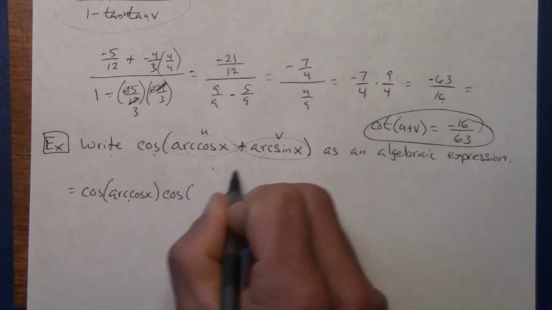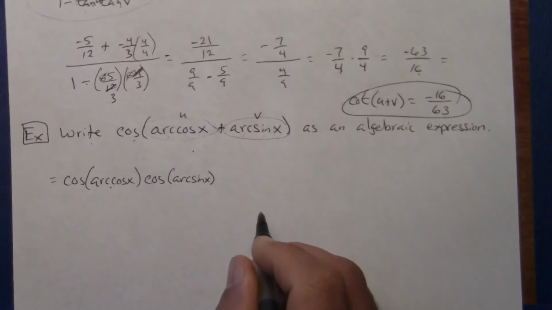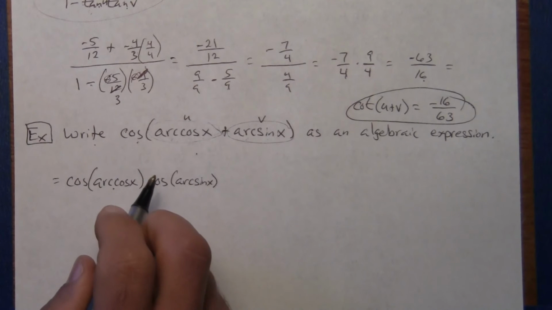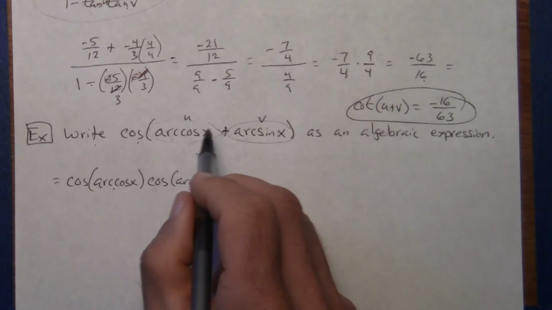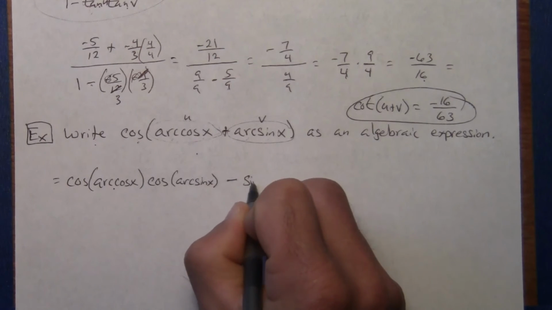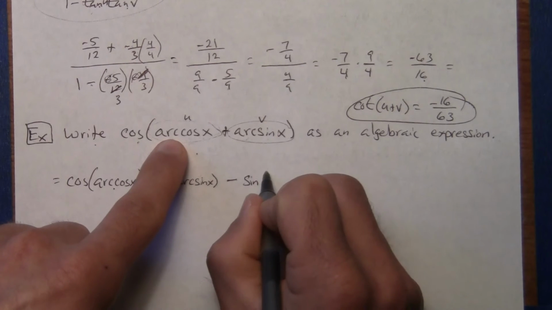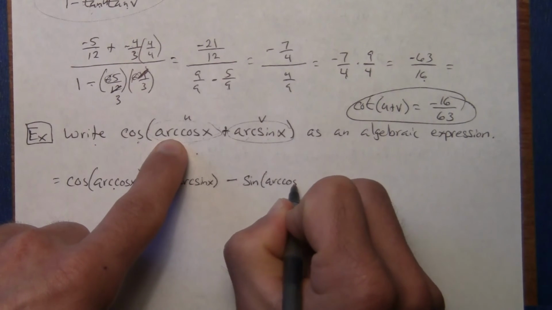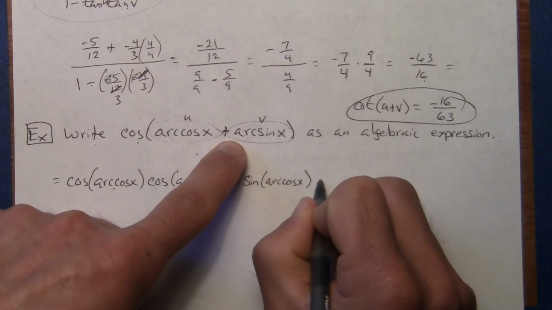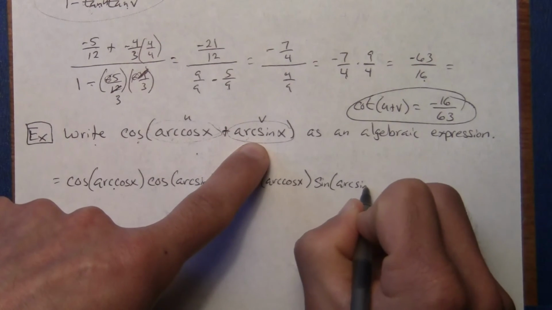And again, our angle v is arc sine x. So there's the first part of it. And then because this is plus, the identity says that you use minus sine of u times sine of v. And u is arc cosine x times sine of v, which is arc sine x.